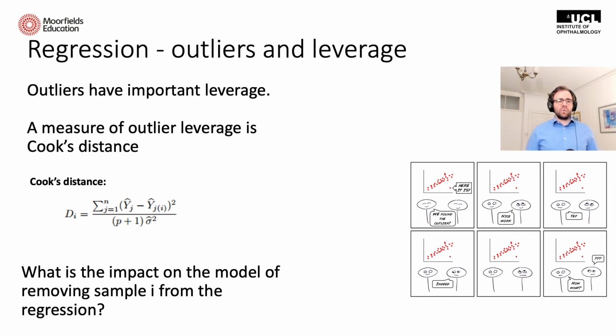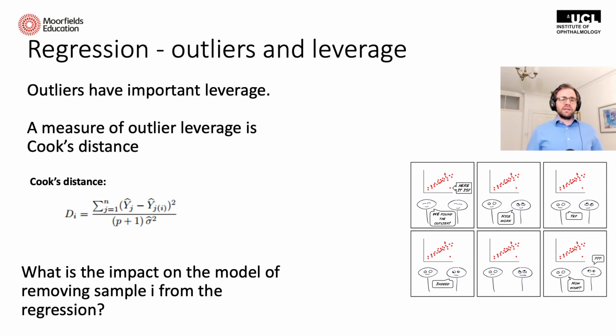So how do we measure this impact? We call this impact leverage, and we have a definition for leverage, which is Cook's distance. What this definition represents is basically the impact on the model of removing the sample, so removing the data point i from the regression.